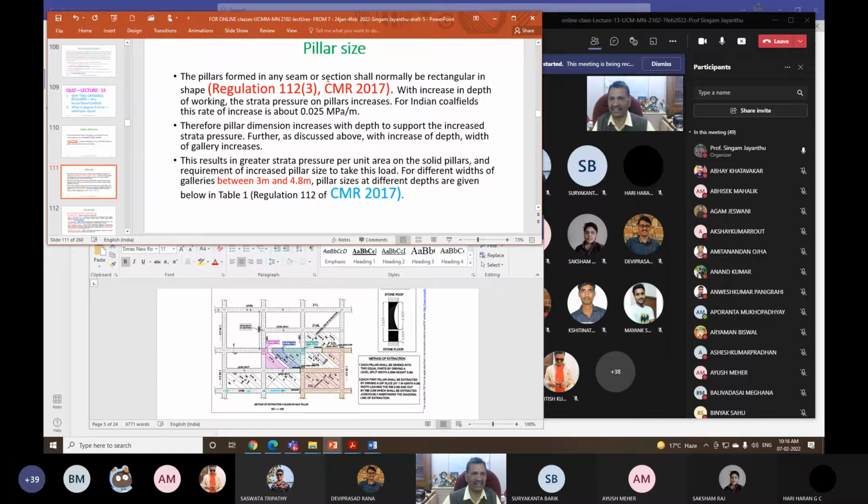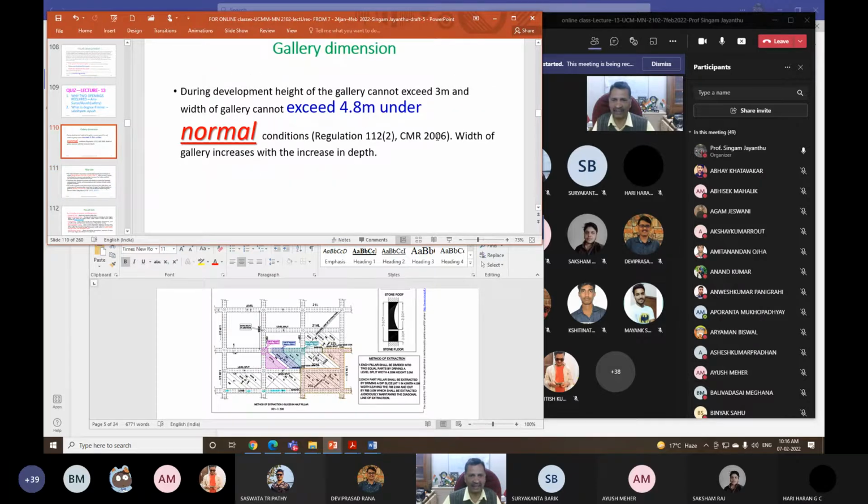Now you can see Regulation 112 of Coal Mines Regulations 2017, which gives the size of the pillar and all. This says 2006 because at that time some draft was being made. That's why I mentioned that. Don't worry about those things.